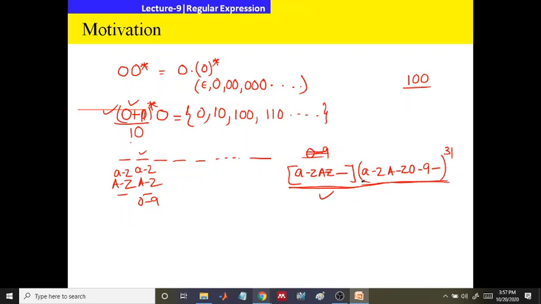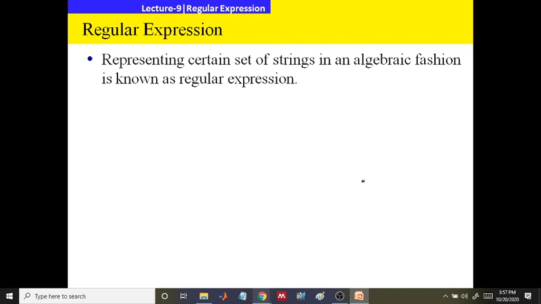If you want to search for a string in a document, there also you use regular expression for string matching. So what exactly is a regular expression? Regular expressions are used for representing a certain set of strings in an algebraic fashion.